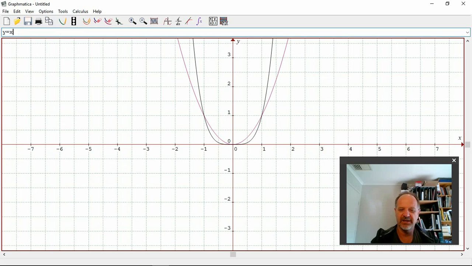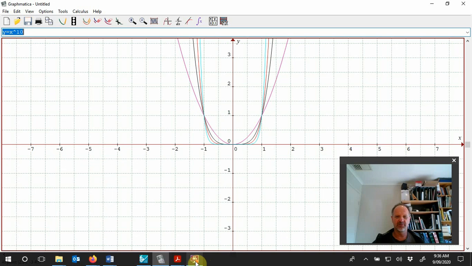Y equals x to the 6. Here we go. And then let's go y equals x to the power of 10. And there's that one. You can see the bigger the power becomes, the flatter it comes in the middle here, and the more square it gets. But they all go through the point 1, 1 and the point negative 1, 1.